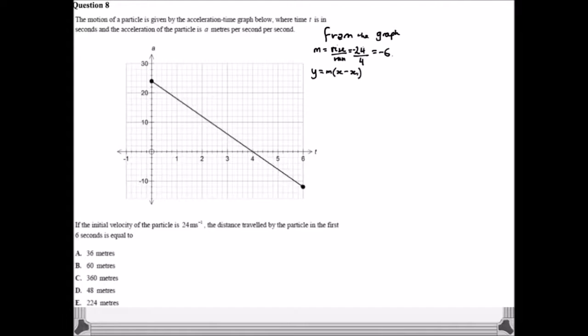You can examine that by seeing how many units in rise divide how many units in run, and then we're going to use this formula. This is the formula for working out the equation of a straight line. Substitute m equals -6 and taking a point such as this point here. When x is 4, you have y equals 0.